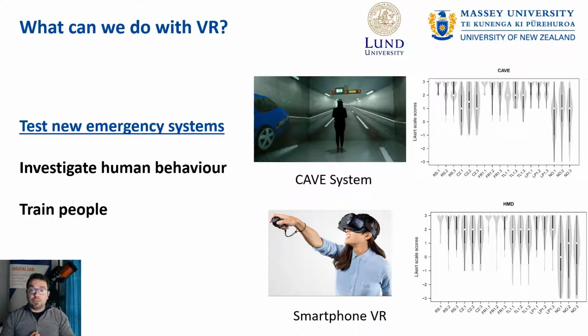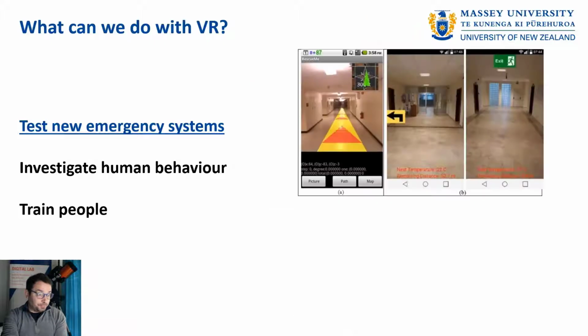Enrico managed to recreate exactly the same experiment with a head-mounted display. We compared the results obtained with the cave and the head-mounted display, and it was amazing to see that we can obtain really similar results. So this shows that even with a super cheap device you can get awesome results, comparable to those from much more expensive technology.